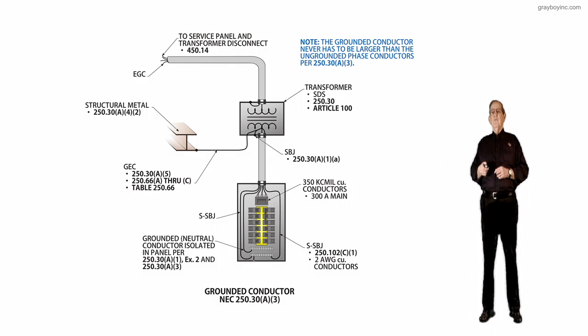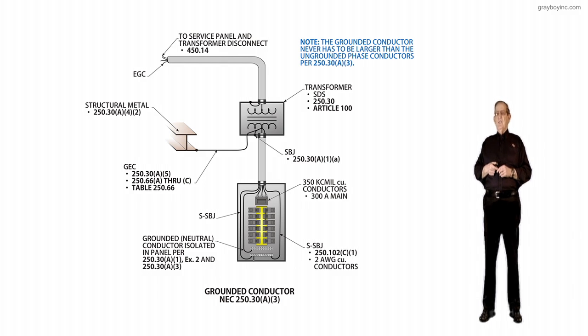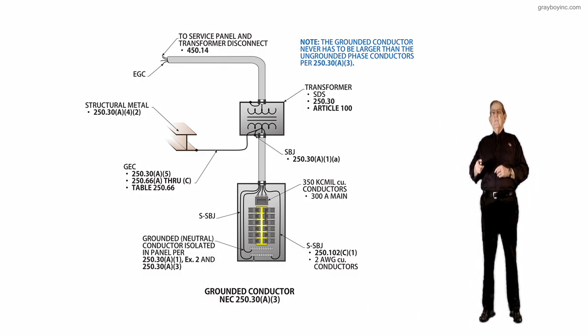The system bonding jumper is sized, as you see to the right of the panel board, by 250.102(C)(1), and it has to be at least number 2. And if you bond and ground the metal conduit with a metal bushing and a lug there, it would be number 2. The neutral or grounded conductor has to be at least number 2.